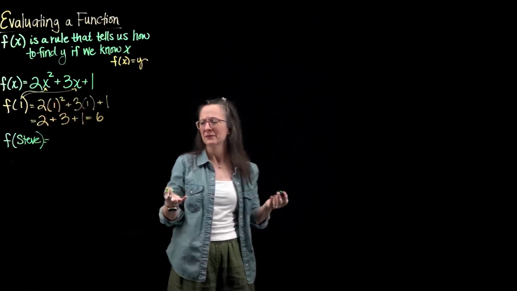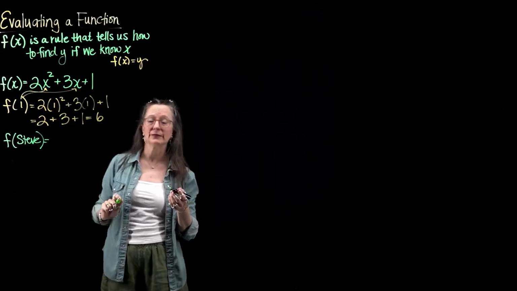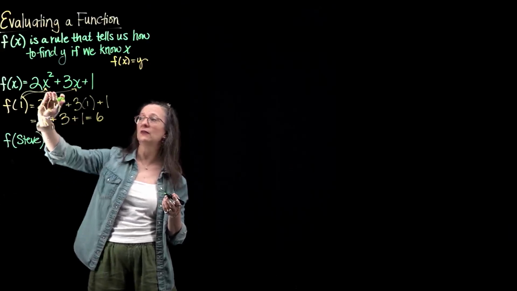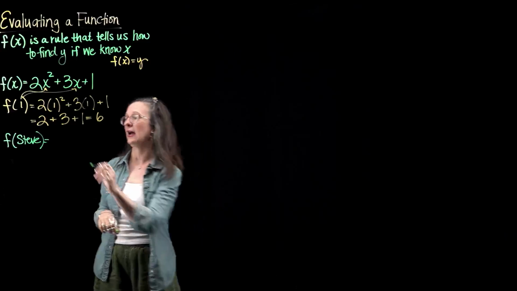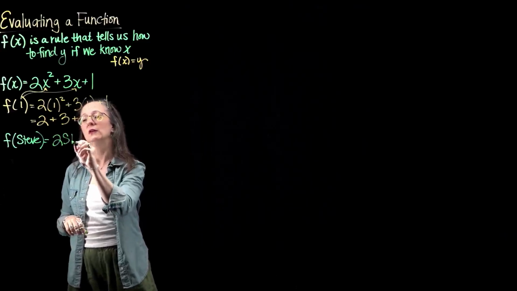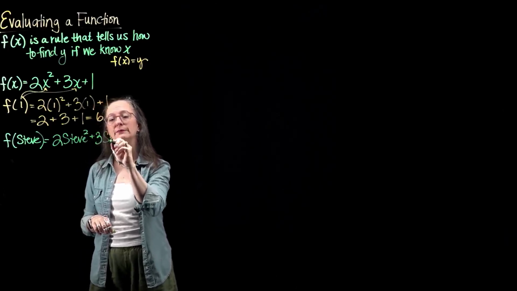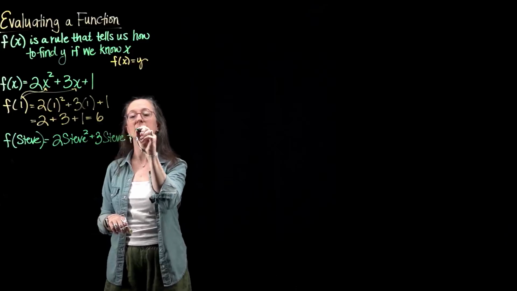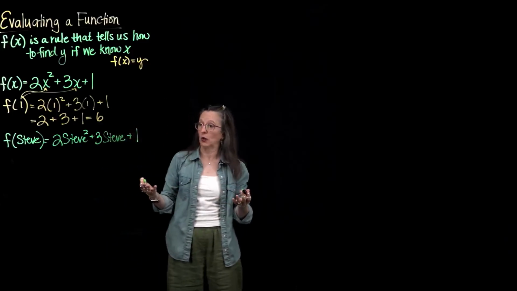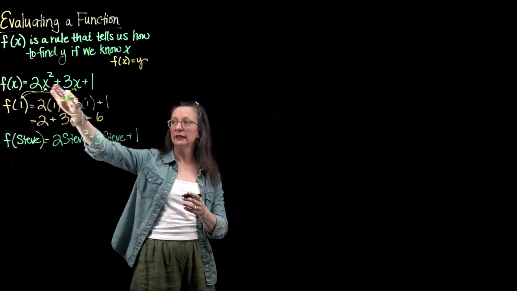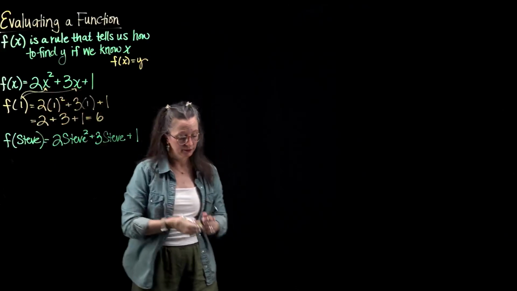That's ridiculous. But I have a rule, and the rule says Steve is going to go where I have an x. So this would be 2 Steve squared plus 3 Steves plus 1. Okay? So that's very literally applying our function rule.